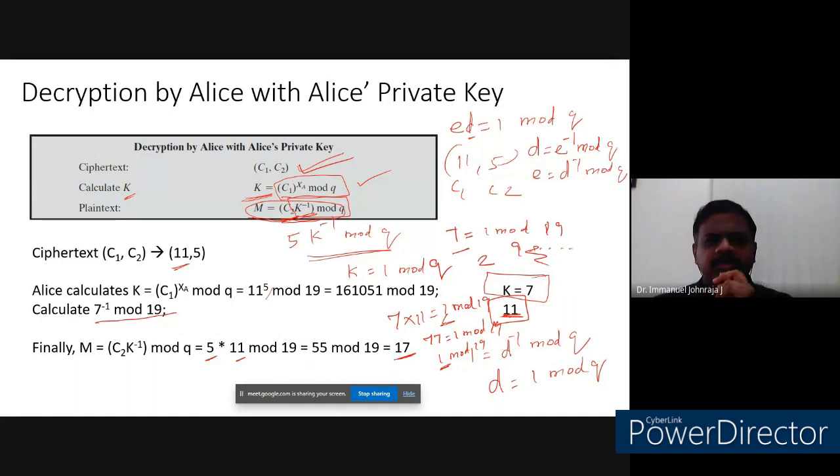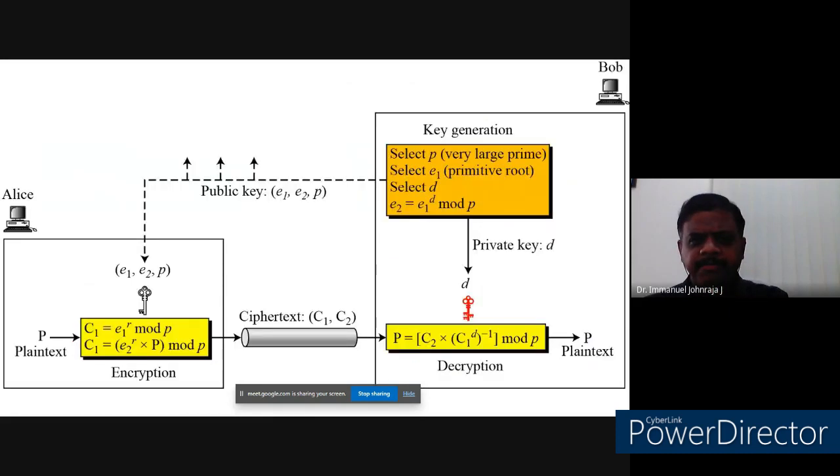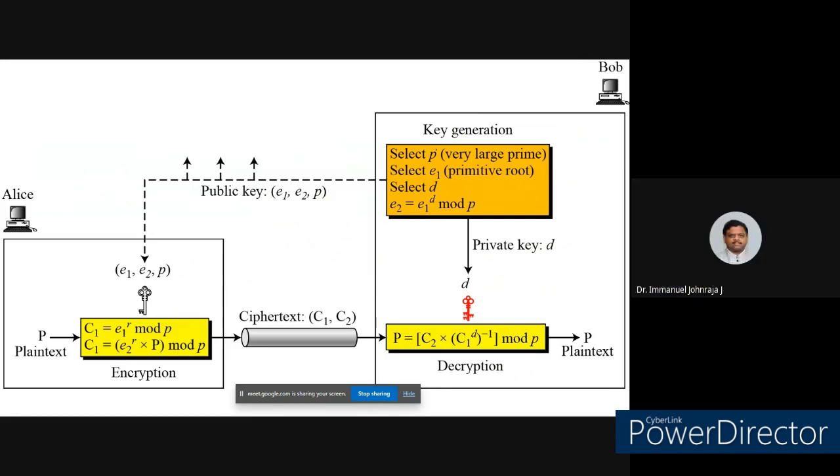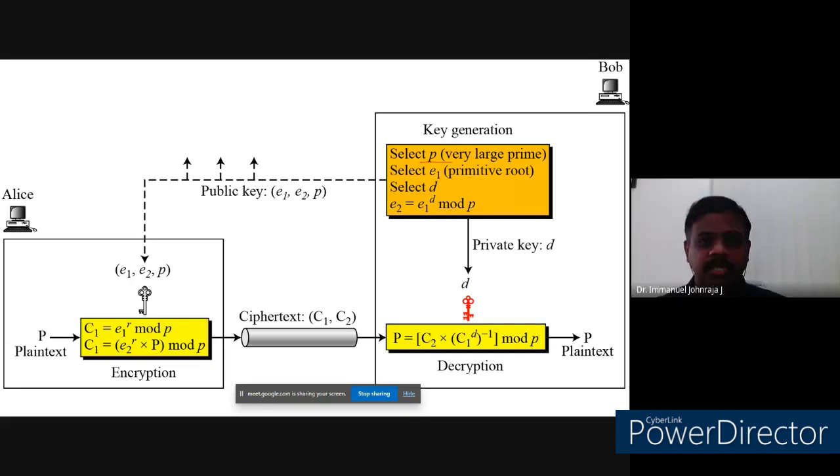The same thing but different. I was just reading the Stallings textbook, quite interesting. The same thing, nothing new, but in a different way. Here, Bob does the key generation. So he chooses a key. Don't be confused by this and that; the notations are different, but the concept is the same. He finds the primitive root.